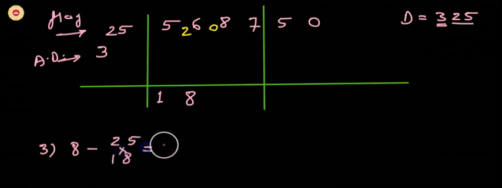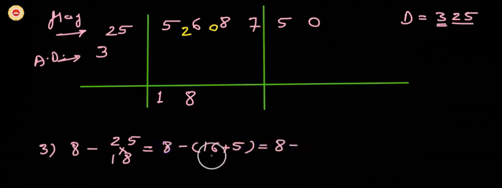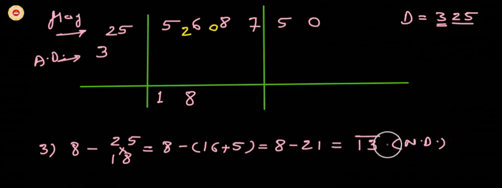Cross product 8 minus 8 2s are 16 plus 1 5s are 5, which gives us 8 minus 16 plus 5, 21, which gives us how much? 13, but negative 13. Negative 13 is net dividend, which we don't want. We don't want net dividend negative.